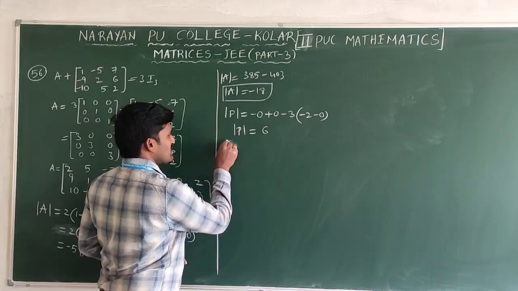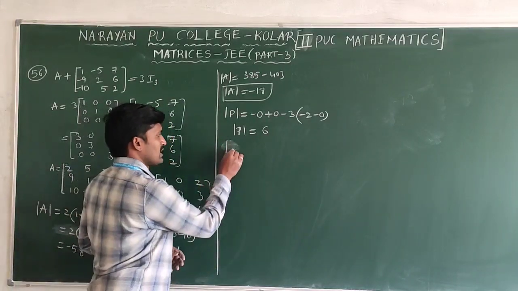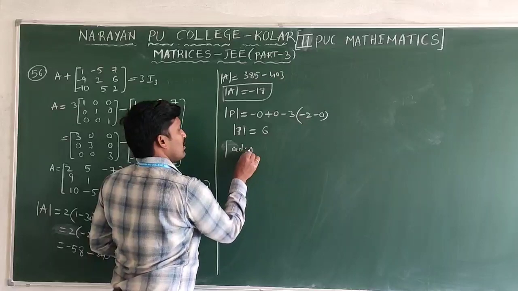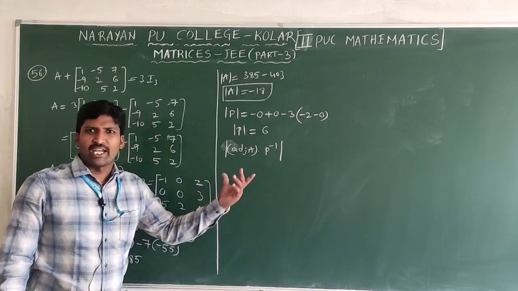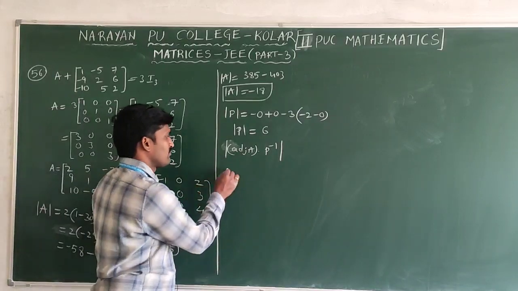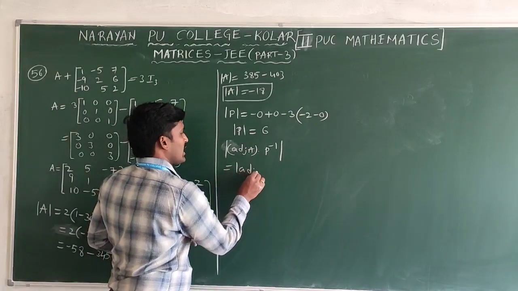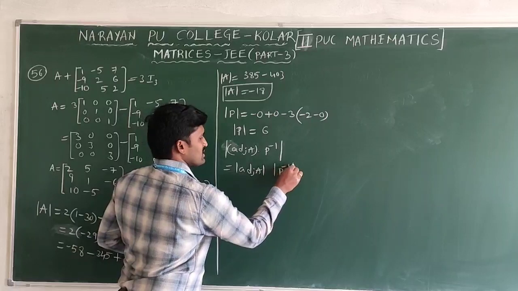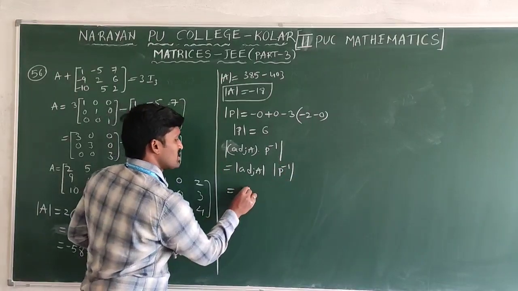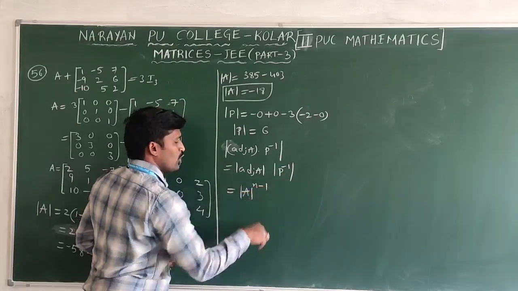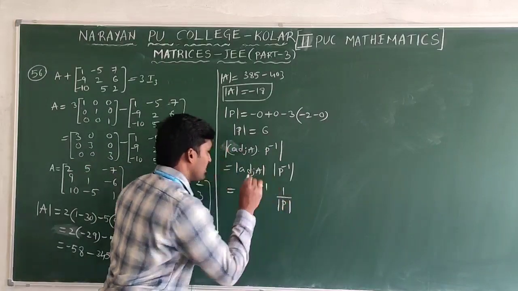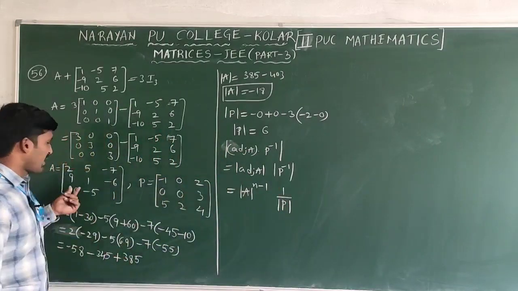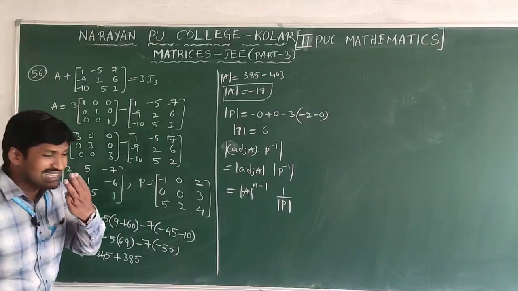Now what are they asking? Det of, I'm taking it as a symbol, det of adjoint A into P inverse. Det of A into B has the formula det A into det B. Det of adjoint A into det of P inverse. Det of adjoint A formula is what? Det A whole power n minus 1. Det of P inverse you can write as 1 by det P. N is the order of the A matrix. What is the order of the matrix? Clearly 3.